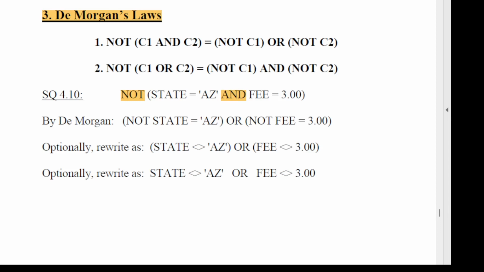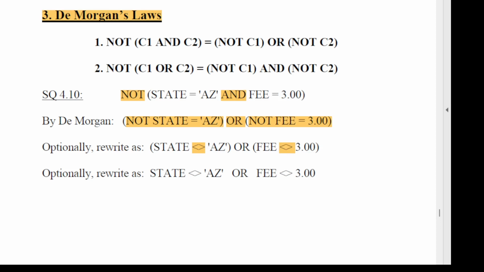This AND is going to become an OR. Then we put the NOT in front of the state equal Arizona, and the NOT in front of the fee equals $3. Now, you might look at that and say, I prefer not equal symbols. Okay?